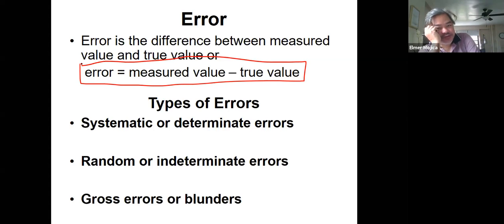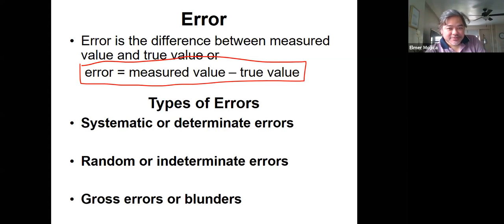Now the question that you can ask there is, can we really determine the true value? So how do we know that we have an error if we don't know the true value?